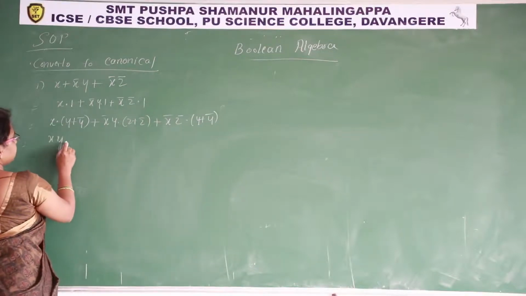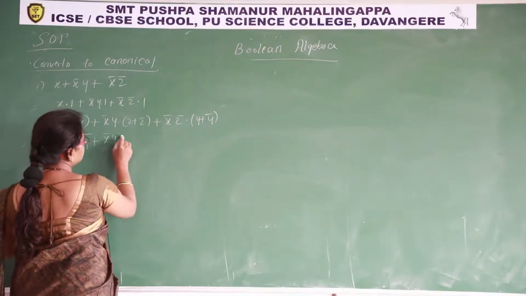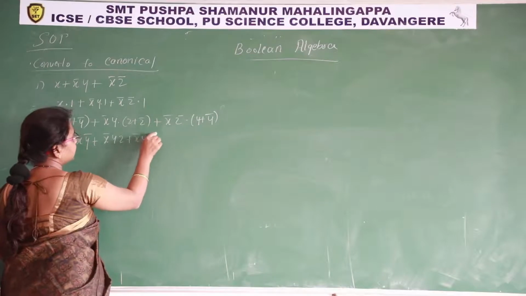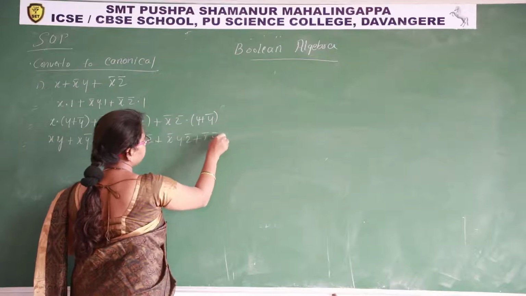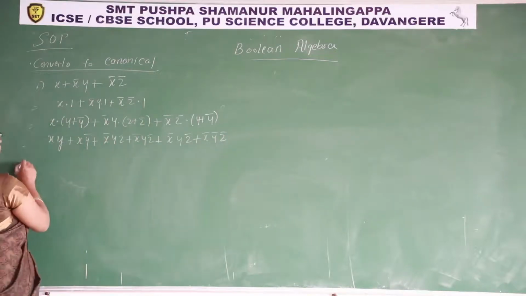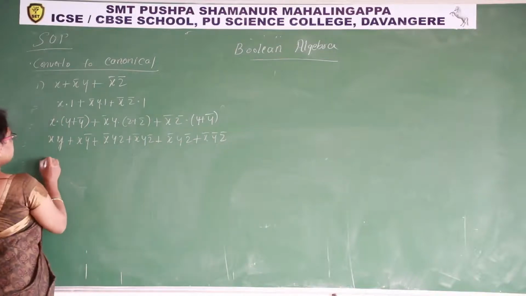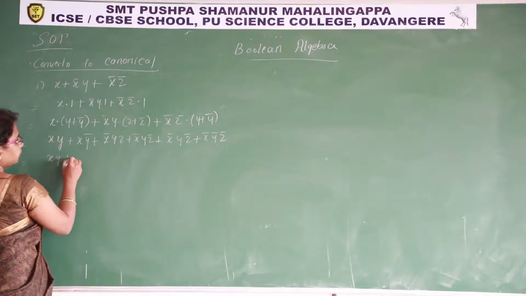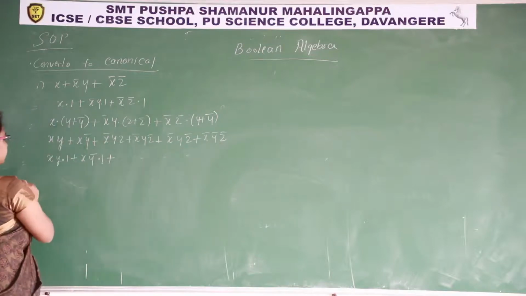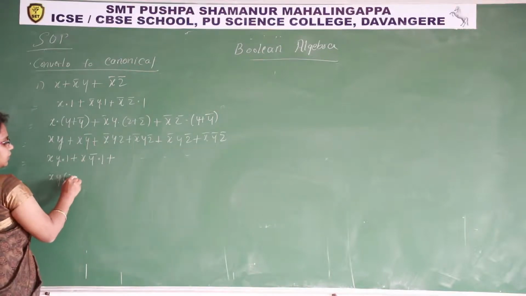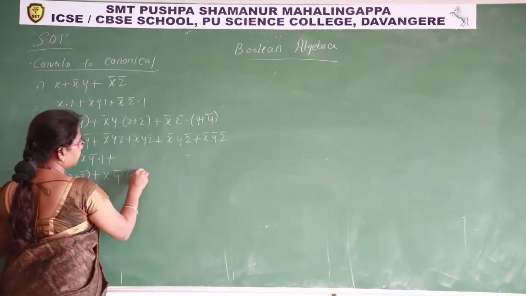It can be written as xy plus xy bar according to the distributive law. Then x bar yz plus x bar yz bar plus x bar yz bar plus x bar y bar z bar. Again in these 2 sub expressions 1 variable is missing, that is z: xy into 1 plus xy bar into 1, and the remaining terms are as they are. xy into z plus z bar plus xy bar into z plus z bar.